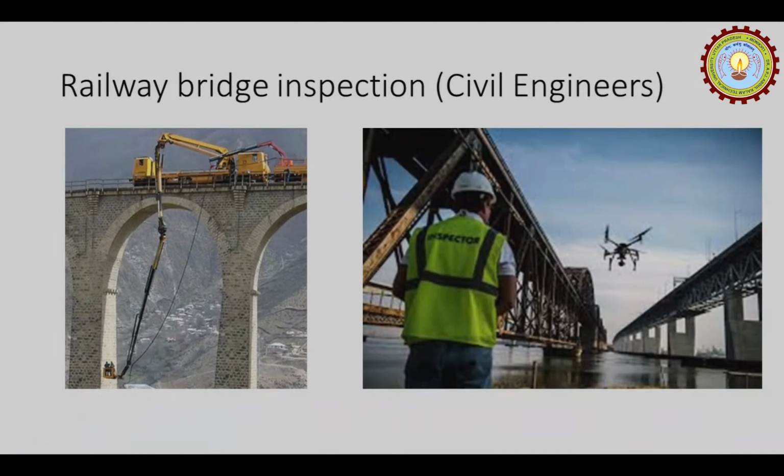Nowadays, after the advent of drones, people are effectively using drones. If you see here, the drone carries a camera which continuously inspects the bridges, and it reports back to the engineer working at ground level, saying that this place has some kind of defect.